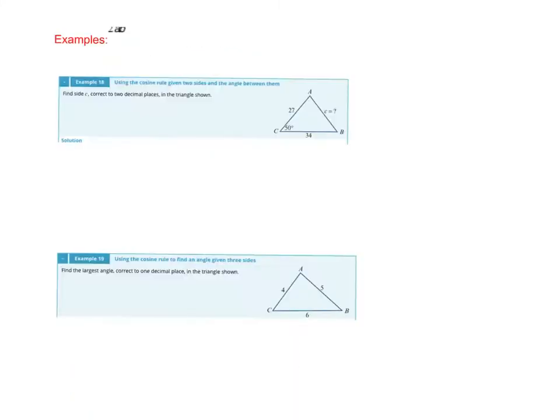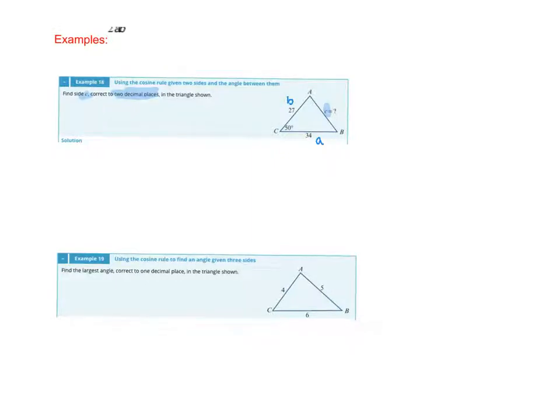The examples here. If you read in here, find c, so side c, to 2 decimal places. These are the things you should be underlining when you're doing them in your tests as well. They've already labelled little c, so this one's little a and this one's little b.